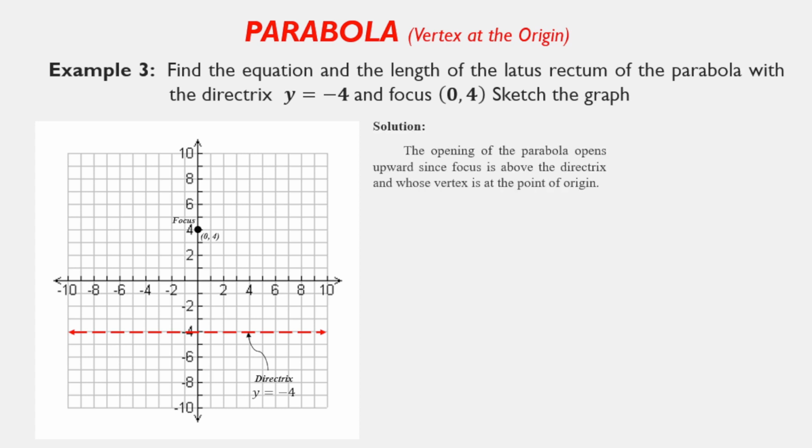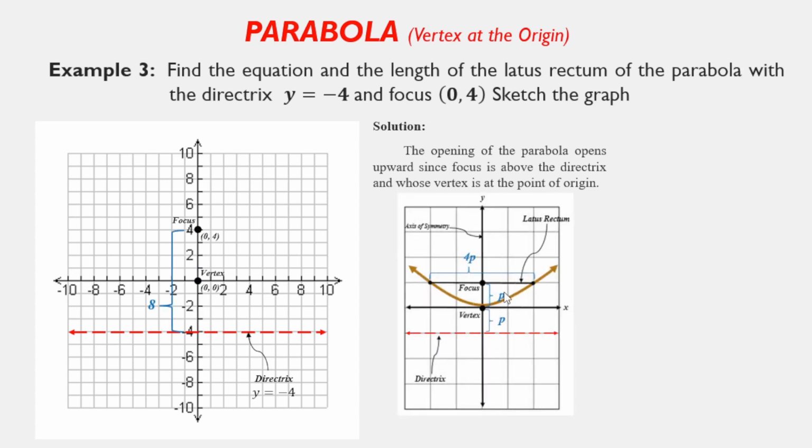The parabola opens upward since the focus is above the directrix, and its vertex is at the point of origin. The distance of the focus perpendicular to the directrix is 8 units. Remember that the distance from the focus to the vertex is p units, and the distance from the vertex to the directrix is p units.